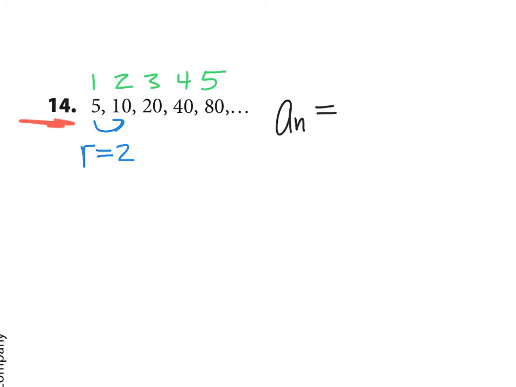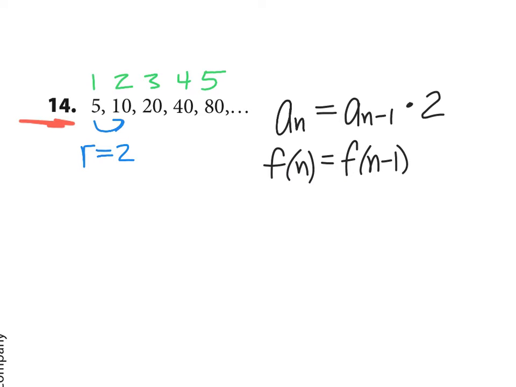A sub n equals a sub n minus 1 times r, which is 2, okay? Or f of n equals f of n minus 1 times 2, if they want function notation. Explicit rule, I'll write this in red.